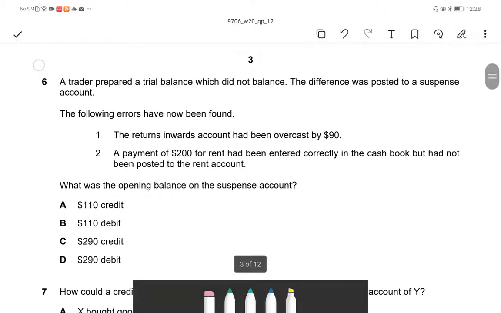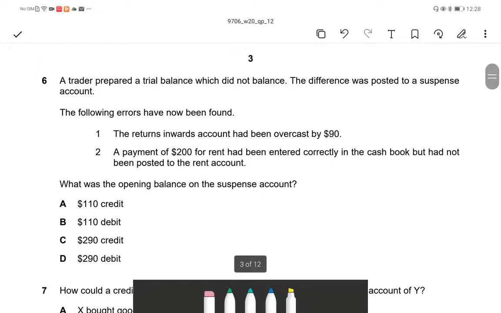Next, question number 6. A trader prepared a trial balance which did not balance. The difference was posted to a suspense account.